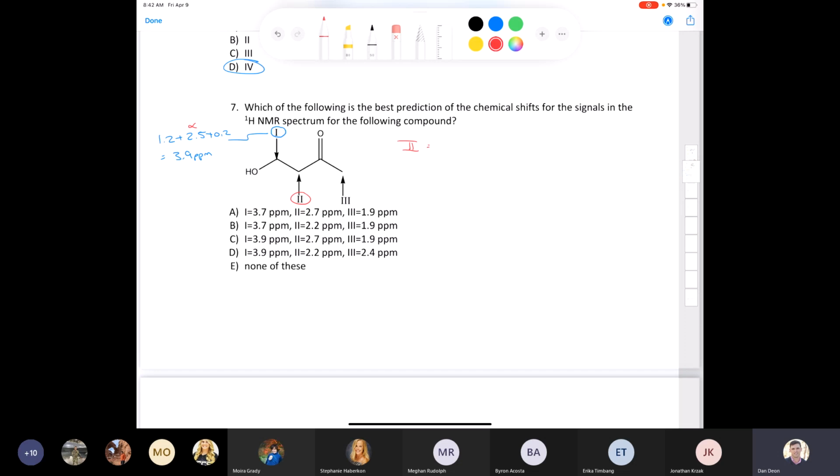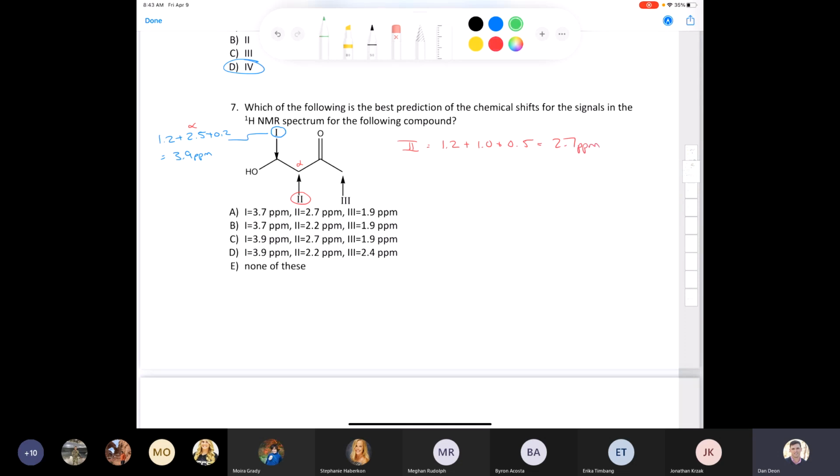Well, the baseline for a methylene is 1.2 parts per million. This one is alpha to the carbonyl, so we're going to add 1.0, and then it is beta to the hydroxyl, so we add 1/5 of 2.5, so we're going to add 0.5 to that, and we end up with 2.7 parts per million.